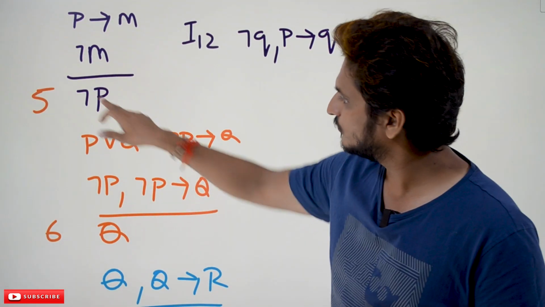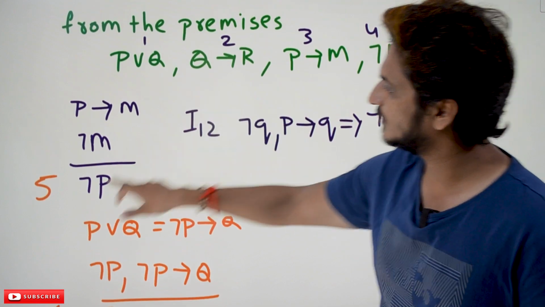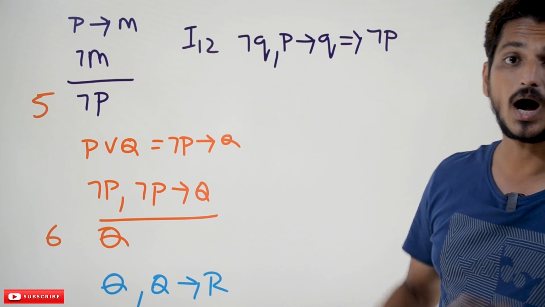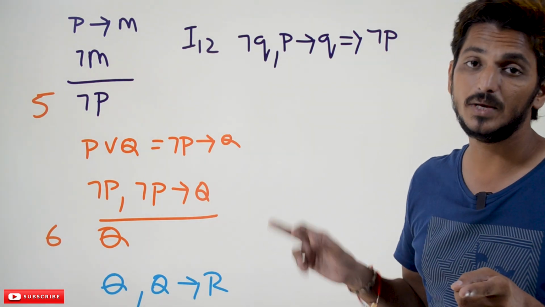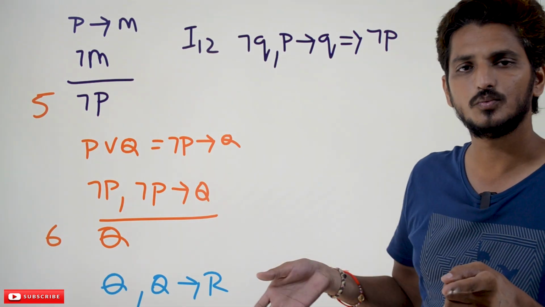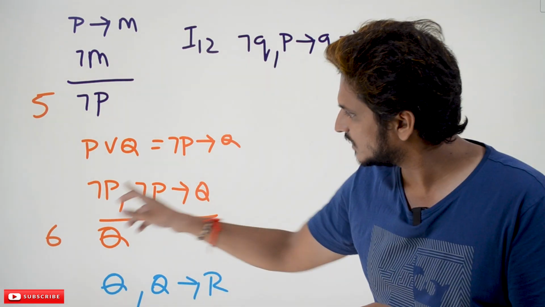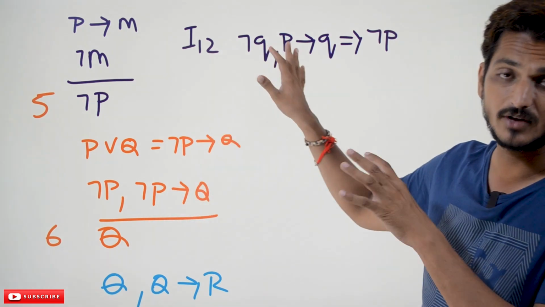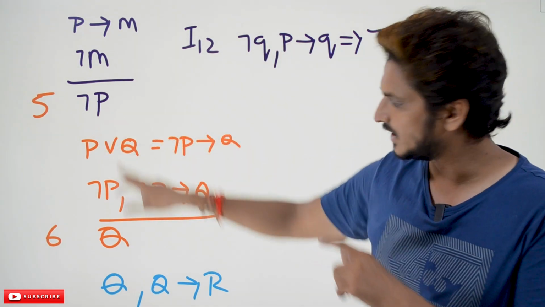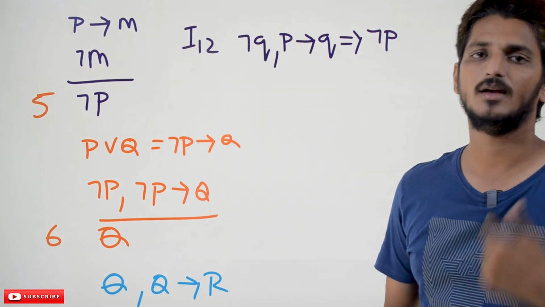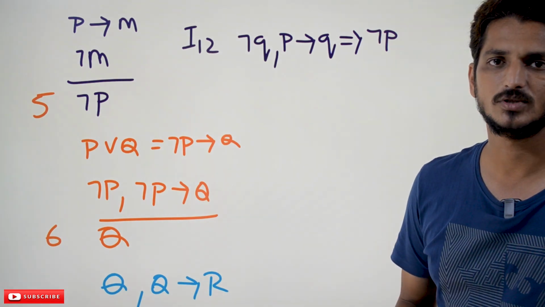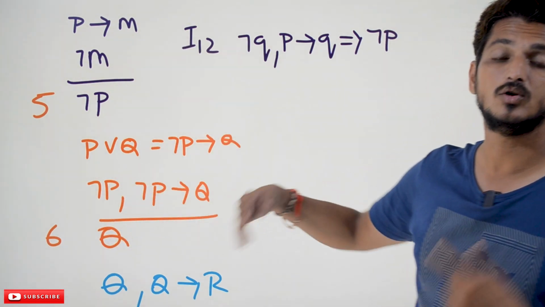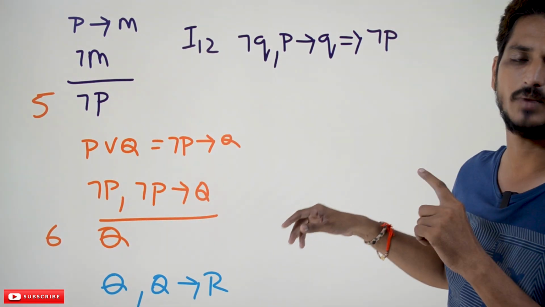So from this fifth one and the first one, negation P comma negation P implies Q. I11: P comma P implies Q can be written as Q. So here negation P, negation P implies Q can be written as Q. So from the given 4 and the fifth premise, we concluded that Q is a valid proposition. So using this 6, we have to conclude that R is a valid premise.